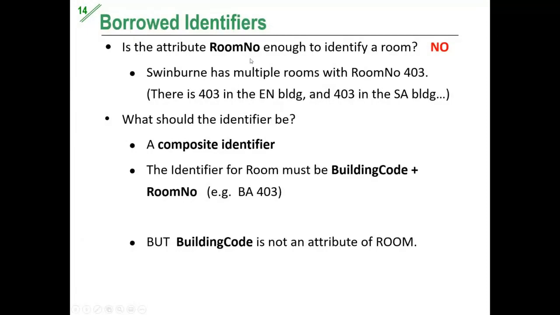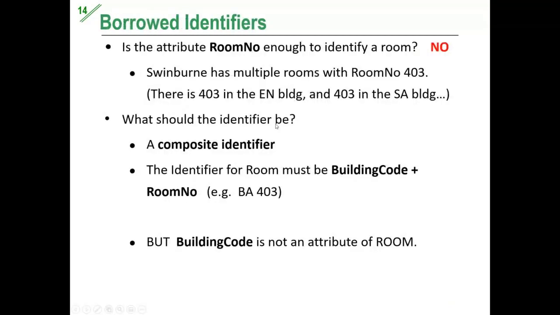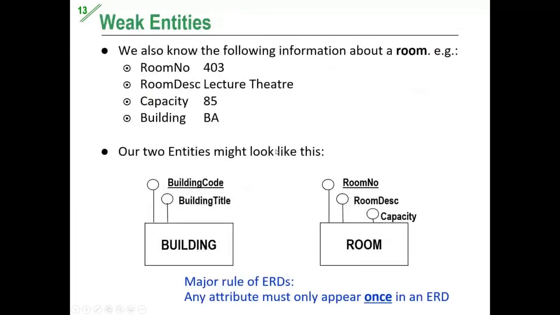So in the room table, room number is not enough to define the primary key, isn't it? Because we obviously need to tell which building this room belongs to. So we need to borrow this building code from this side to this side to define the primary key for the room.